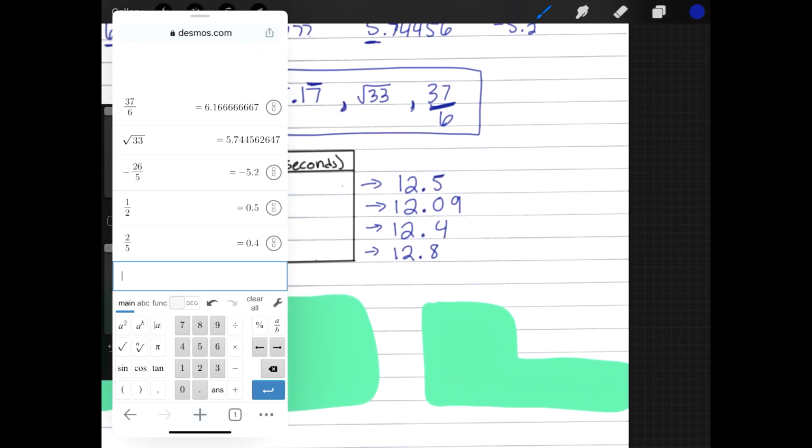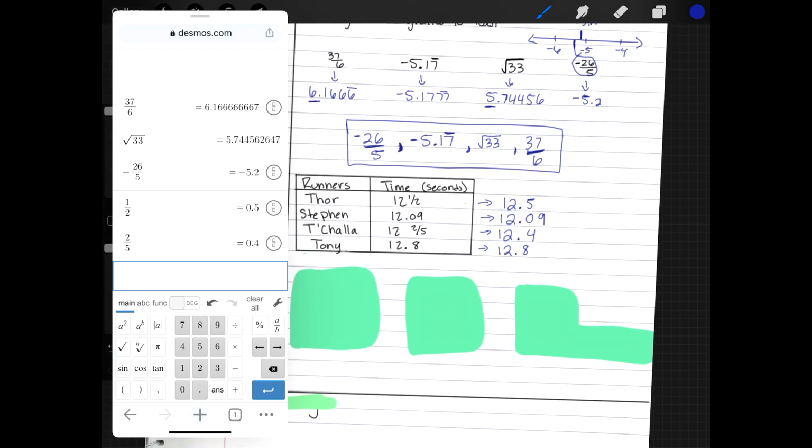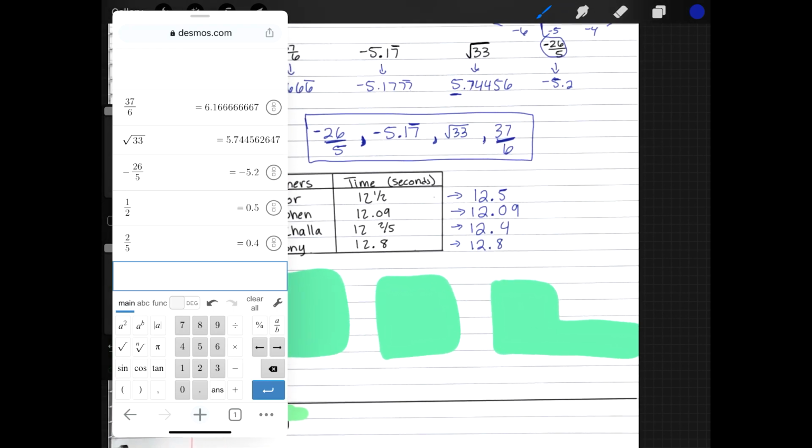All right, so let's look at these numbers. I know that they all start with 12. I'm going to look at the tenths place after the decimal. And so we see right here, who is it? Steven. Steven got in there first. So first place was Steven. Then second place was T'Challa with 12.4.